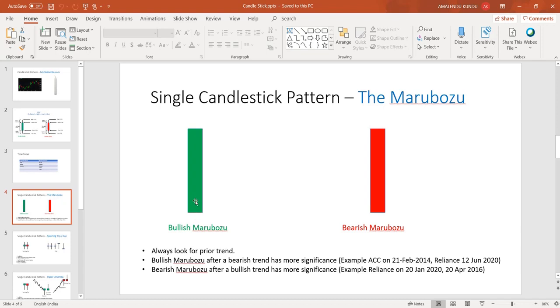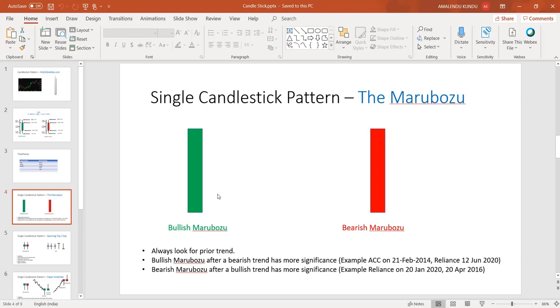It keeps moving up, moving up, and finally it closes at the highest price. So here you can see our low and the open is almost the same, and the high and the close is almost the same. Similarly, on the red candle, the bearish one, the same thing happens. The price opens here and it keeps going down and down.